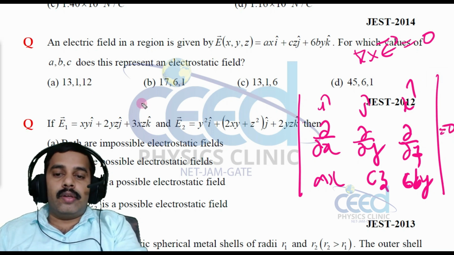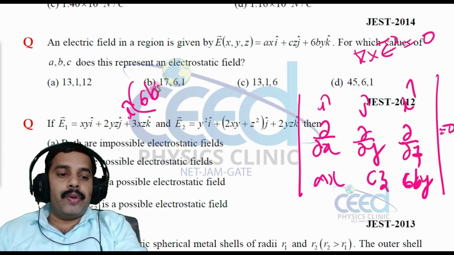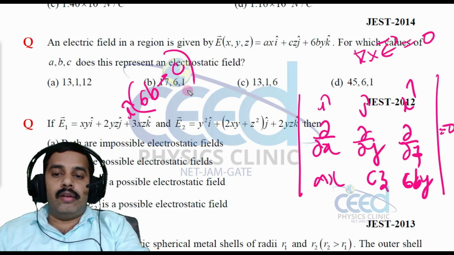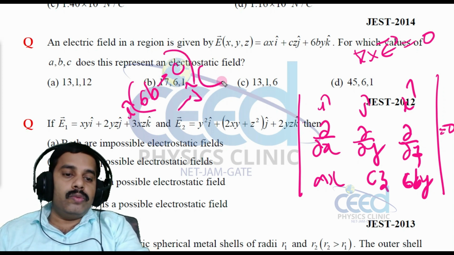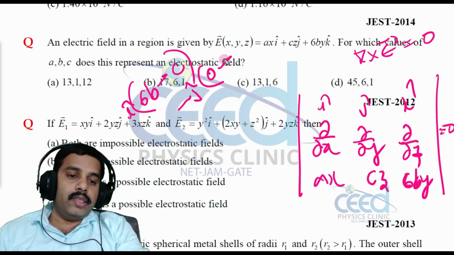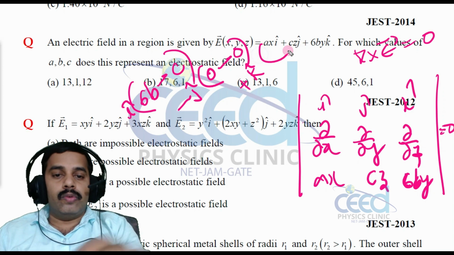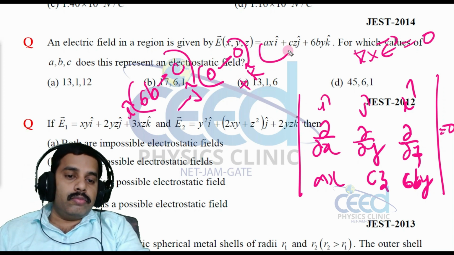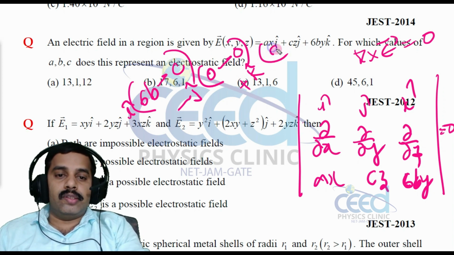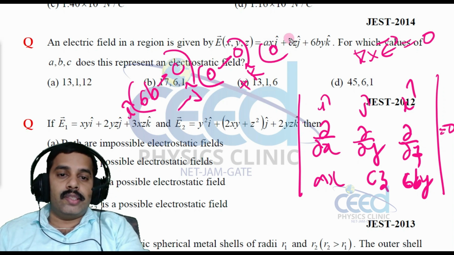So that means i cap into dou by dou y of 6by, that is 6b, minus c, minus j cap into 0, because dou by dou y of this is also 0, and plus k cap into dou by dou x of cz, this is again 0, and dou by dou y of ax, that is again 0.